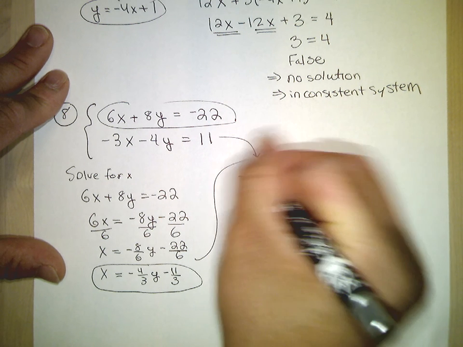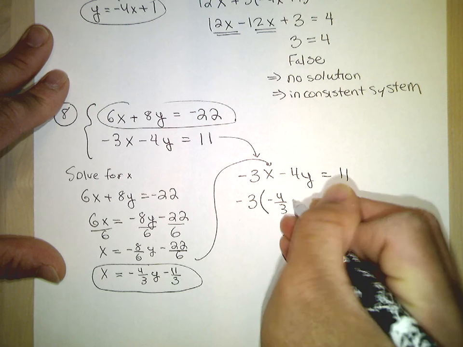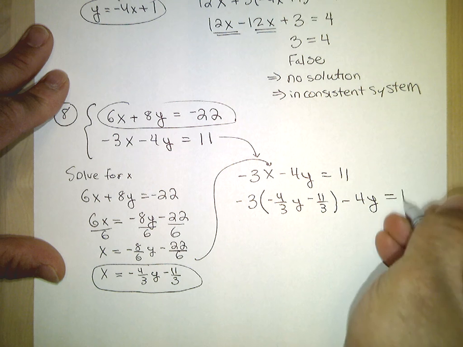So here is the x, and we'll use parentheses, negative 3 times negative 4 over 3y minus 11 over 3 minus 4y is equal to 11.